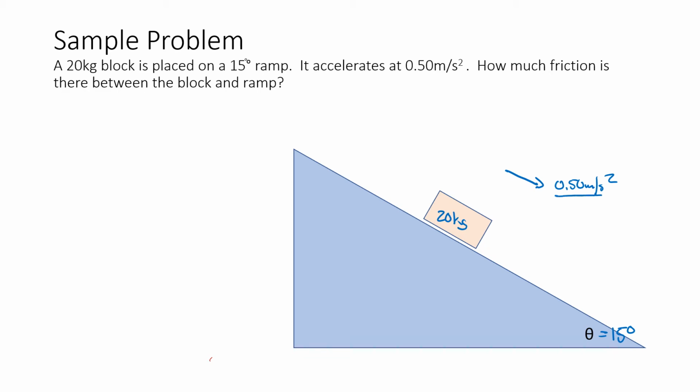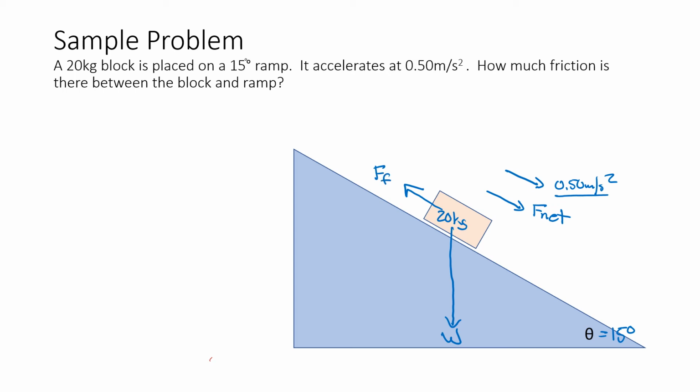Since we know we're accelerating in this direction, we have an F_net in this direction. We also know it's a block on a ramp. Gravity is acting on it, so we have a weight pulling it down. We also have some kind of friction pulling it back in this direction.